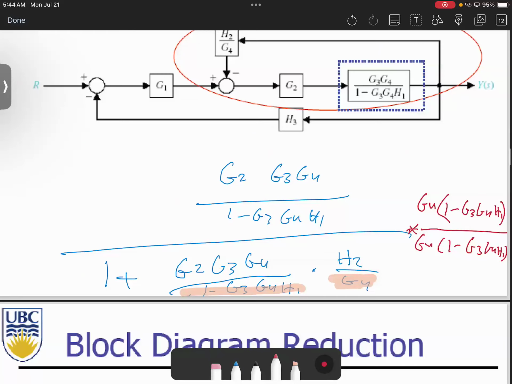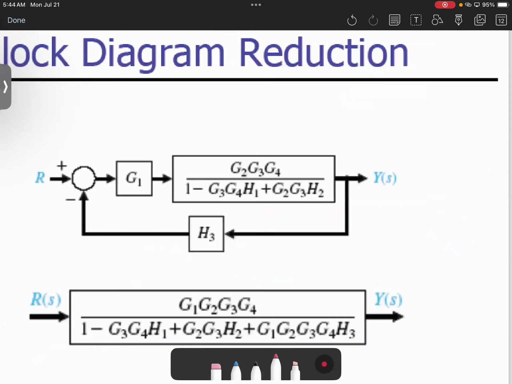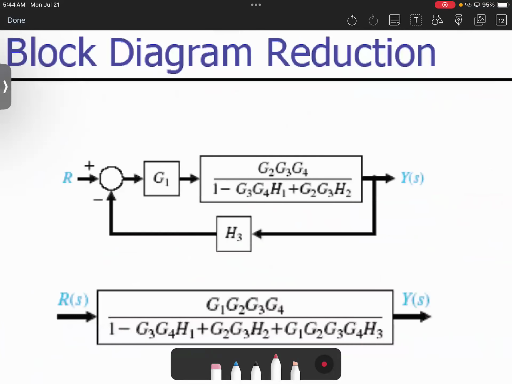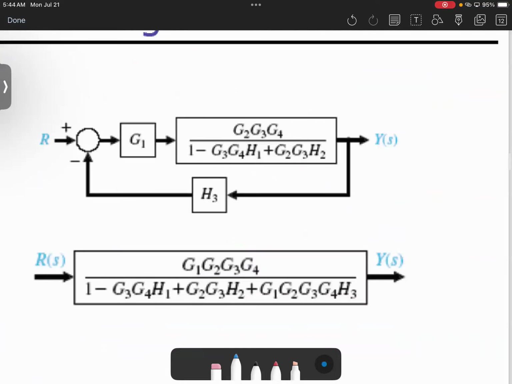Okay. Now, simplify it more. Canonical form, or actually closed loop transfer function, right? Yes.